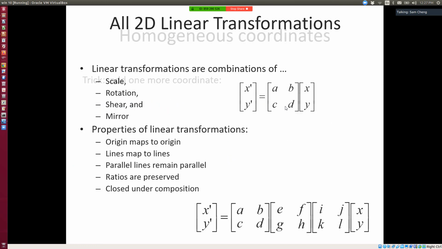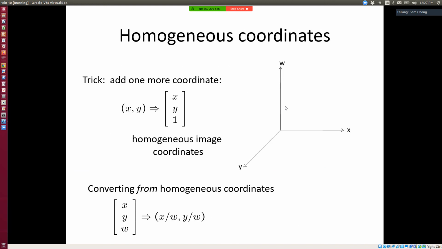So this is the homogeneous coordinate. If you have any coordinate like this, I can just append an extra one there. Or if you have a homogeneous coordinate in general, like x, y, w, then the actual coordinate is x over w and y over w.